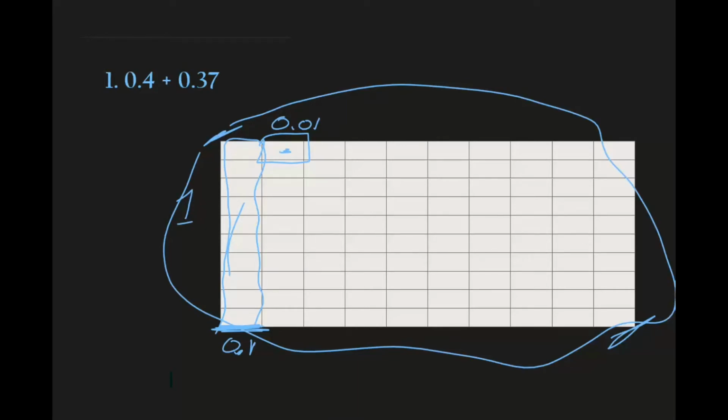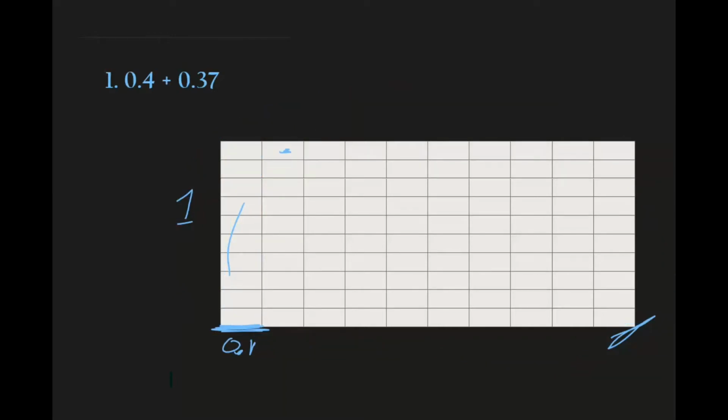Now let's get started. First off, I'm just going to erase these because we won't need them for the problem. I'm going to use blue for 0.4. We're doing 0.4, so that means 4 is in the tenths place.